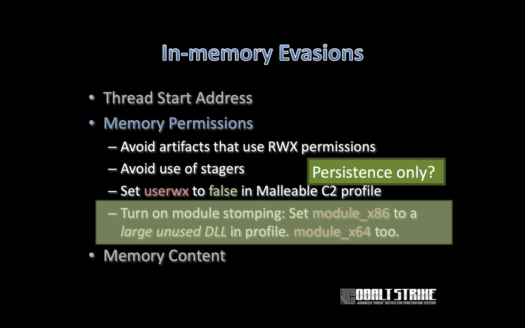For this reason, I would not use module stomping in my daily driver post-exploitation payload. Instead, I would consider using module stomping on a team server dedicated to long-haul access or for your persistent Beacon payloads. This step will make your beacons a little bit harder to find in memory and is a good practice to separate your persistence callbacks from your post-exploitation ones.